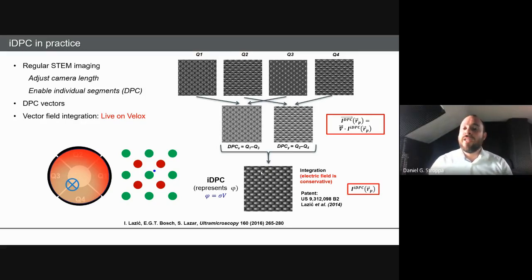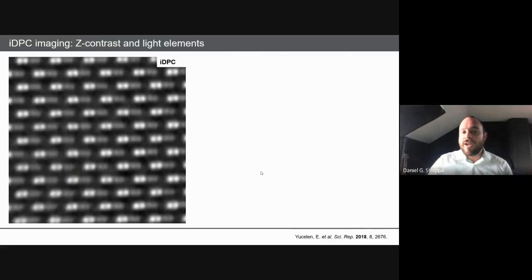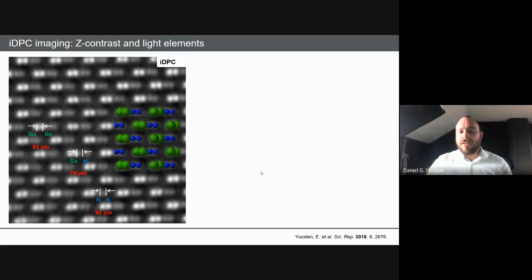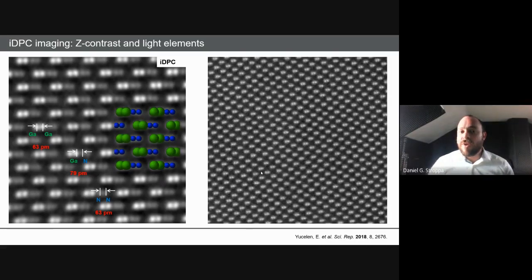But here you see that traditional STEM imaging with high angle dark field is blind to light elements. If you want to see those light elements, you need a scattering range that gives you more contrast for potential. So with high angle dark field, the signal is proportional to Z squared, so it's Rutherford scattering, and iDPC is proportional to the potential only.